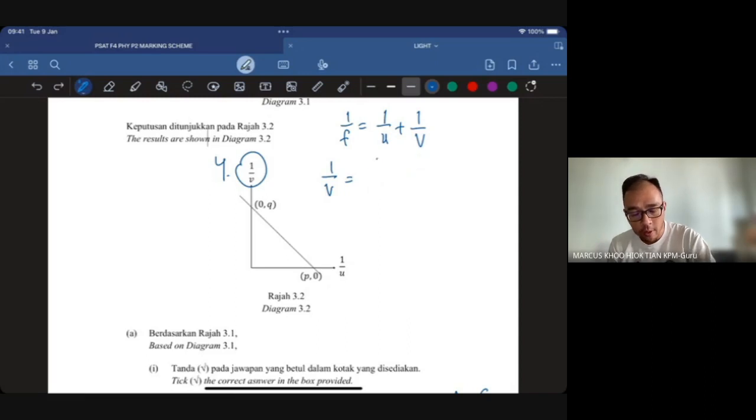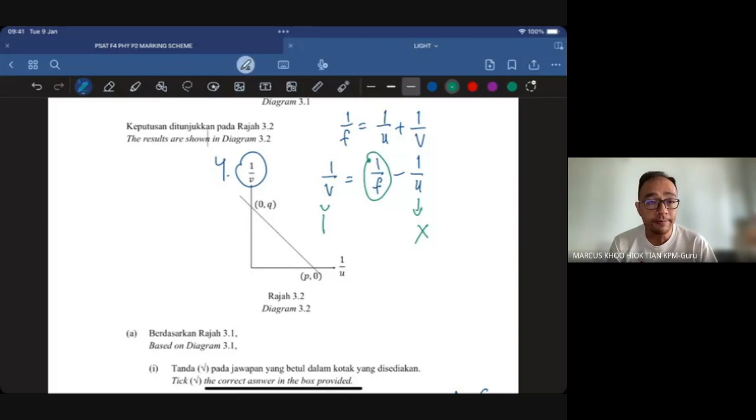Sorry, 1 over F minus 1 over U. So this is our y-axis, this is our x-axis, and 1 over F here is our y-intercept.